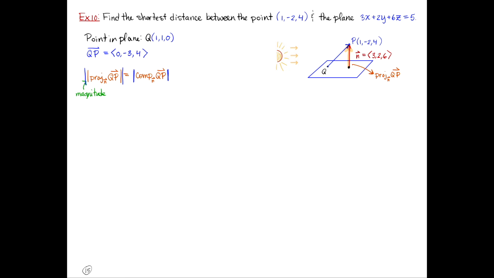Okay, so the component of QP onto our vector n is equal to the absolute value of the dot product of n with QP, divided by the magnitude of n. We have the absolute value. When we take the dot product of the normal vector with QP, we have 3 times 0 plus 2 times negative 3 plus 6 times 4.